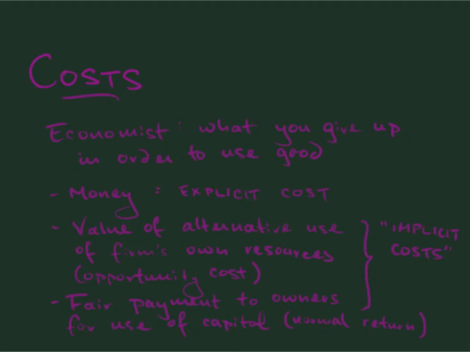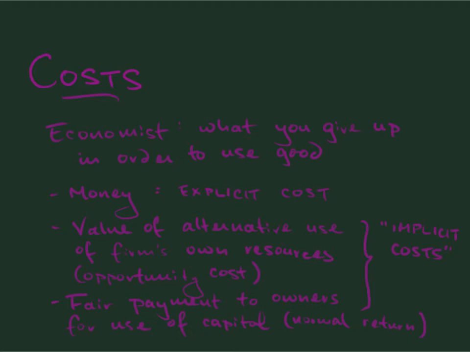Then, for each hour that the farmer works on their own land, growing their own crop, they are giving up $15 of income that they would have had from another source. That's the cost of using their own labor.